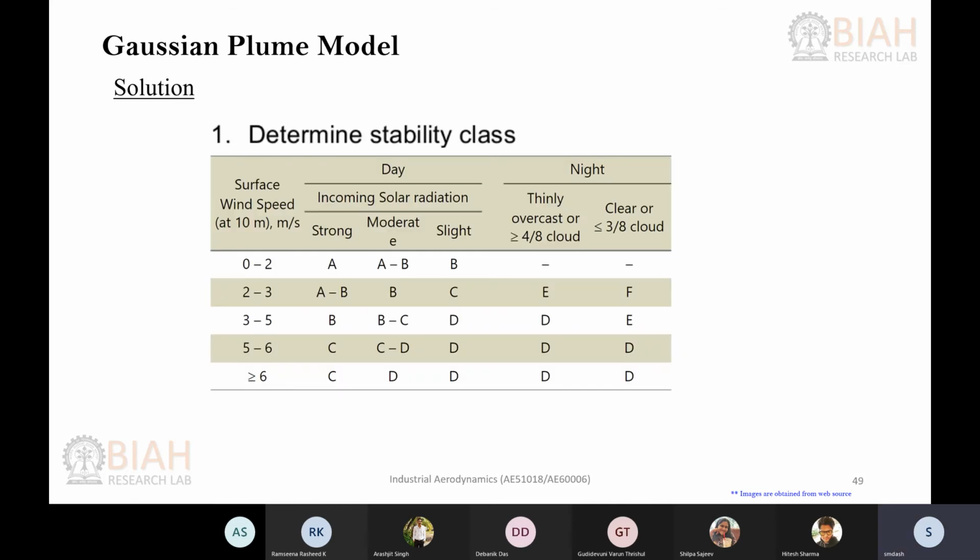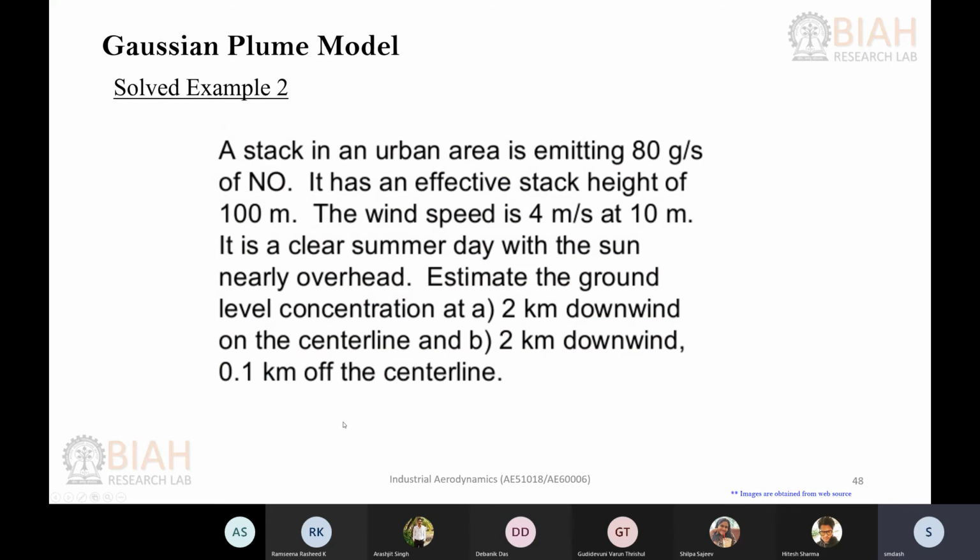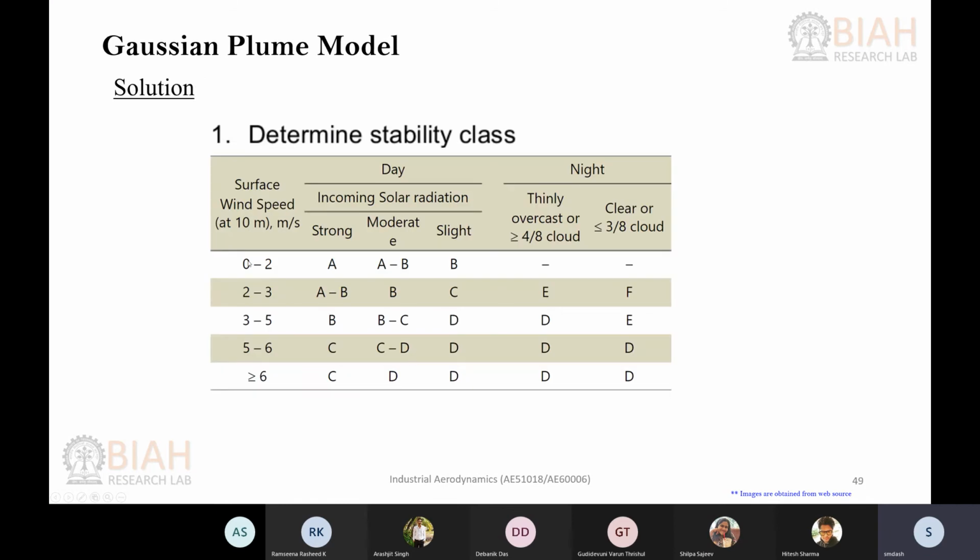The very first thing you need to find out is the atmospheric stability condition for the wind velocity and the solar radiation received. You can see that the wind velocity, at a reference height of 10 meter, is 4 meter per second. So on the first column, you need to find out where it falls. It will be in this range, 3 to 5, right? 4 is here. Now the solar radiation received.